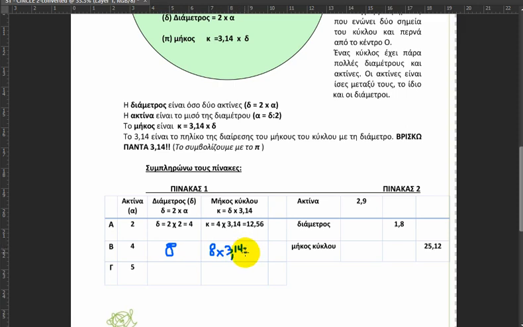This is going to give me a 2 and carry 3, a 1 and carry 1, a 25, 25.12.